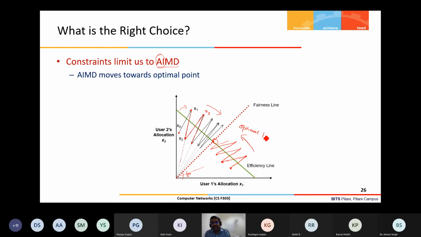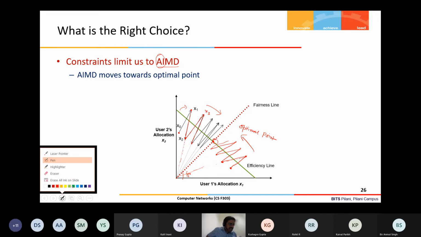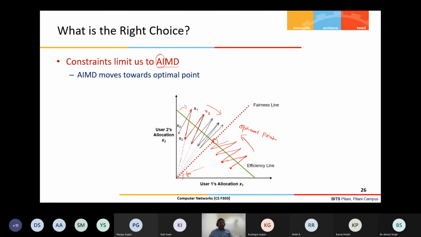You can try out some other combination. Let us say AIAD, if I want to try. So how will AIAD look here, additive increase and additive decrease? Suppose this is my starting point. I will do the increase and reach here, then decrease, and I will go in this direction. So I will be oscillating at one point only.